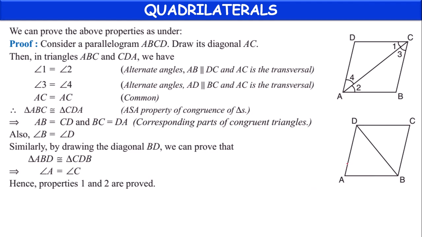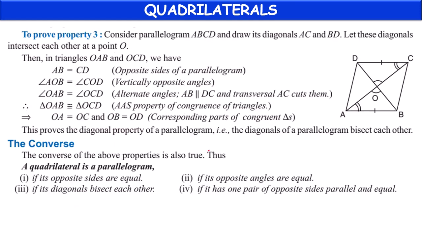That is proved. And two triangles are congruent through the ASA property. That is also proved. So two properties are proved: opposite sides are equal, opposite angles are equal, and two triangles are congruent. Now to prove another property, that diagonals bisect each other, let's take another proof.